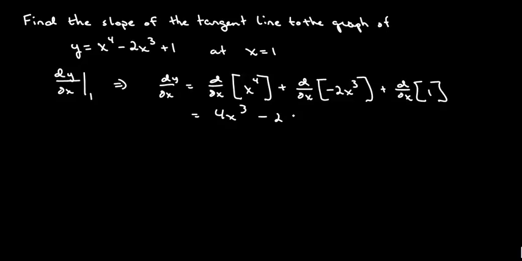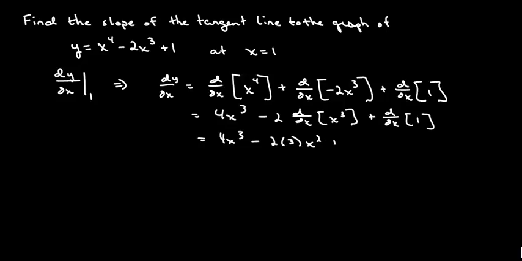This is equal to negative 2 d dx of x to the third. And this is d dx still of 1, which is going to be 0. So 4x to the third minus 2 times 3x squared plus 0. So this is going to give me 4x to the third minus 6x squared.